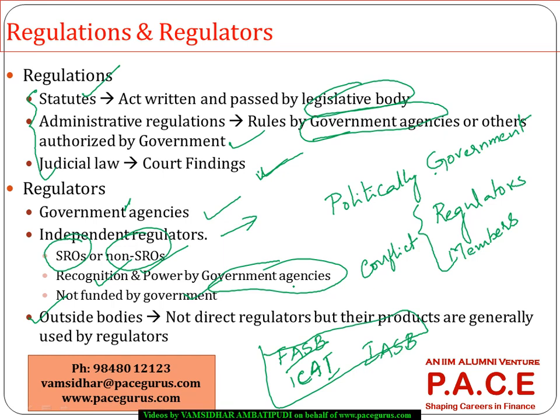Whereas when it comes to the government agencies, yes, they pass the regulations. The same thing can happen with the independent regulatory bodies also, but some of them may be SROs, self-regulatory organizations which have their own members also with them. So there the conflict of interest needs to be addressed.